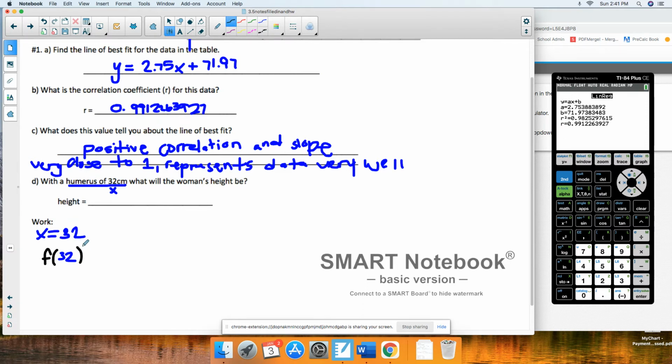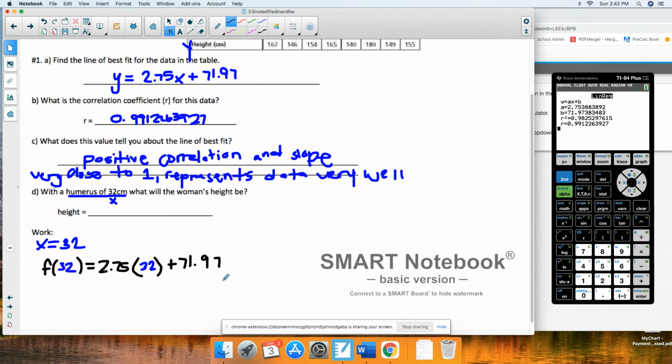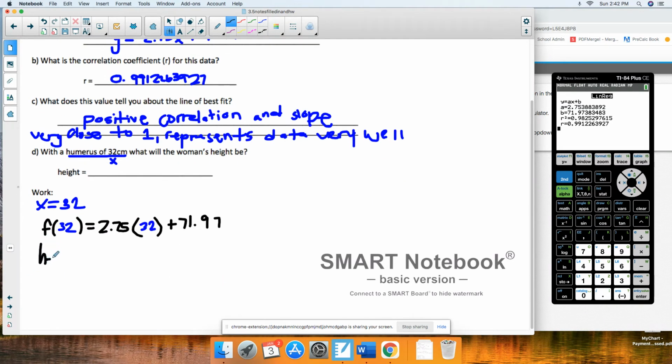So if I take the time to rewrite the equation, and instead of an x, I put 32, we can find out what their height is going to be. So, kind of give myself that idea that the height is going to be my result.